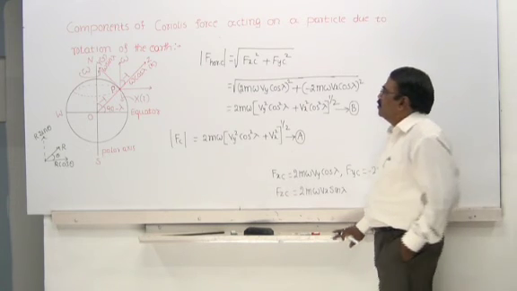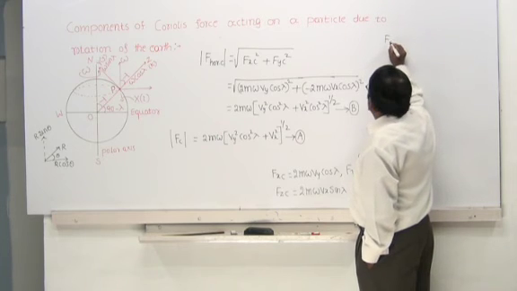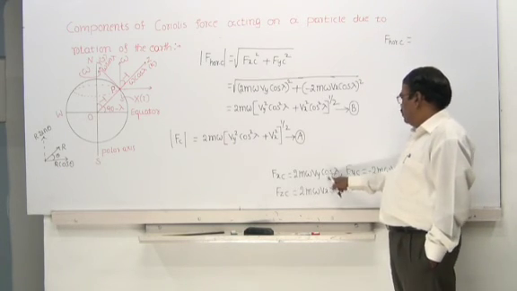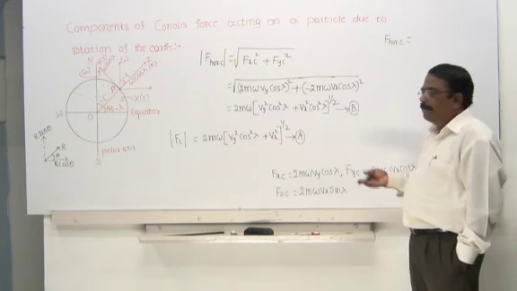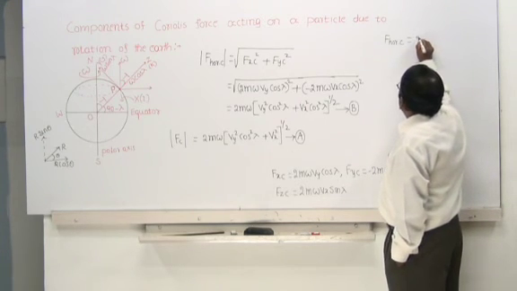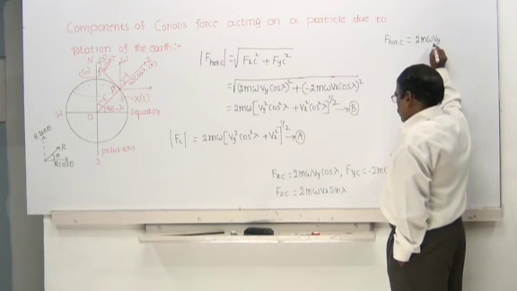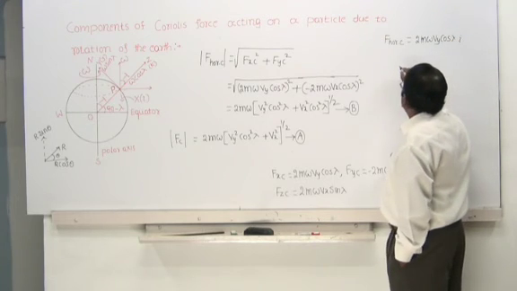What are the components? So, the components of FHORC, you have to write i component and j component, because it is horizontal. It is 2m omega Vy cos lambda into i.